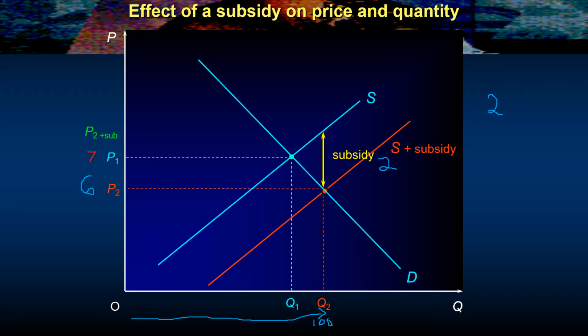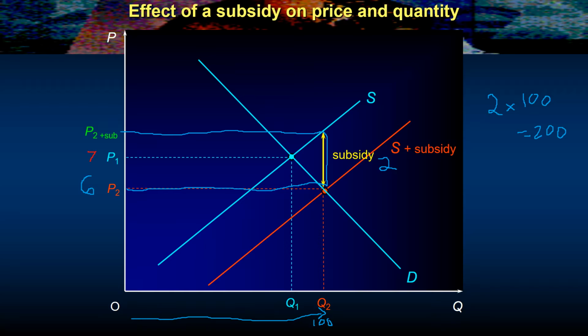So the government spending would be 2 times 100. They would be spending 200 dollars or euros or millions of pounds on this particular subsidy, and the area that would represent that would be this area here.